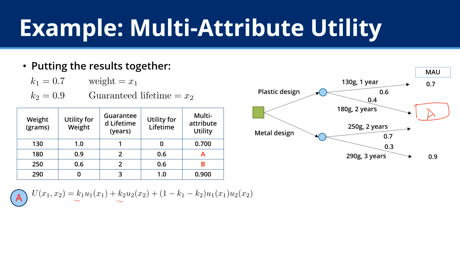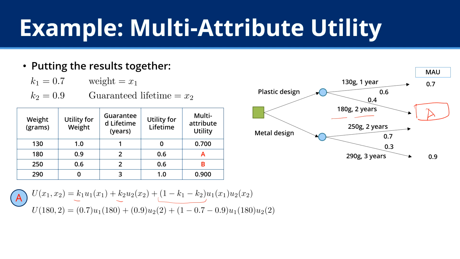The rule is that the weights have to equal 1. If you add up all the weights, it has to equal 1. So the weight on the third term is going to be 1 minus K1 minus K2. For this situation, X1 is the weight, 180 grams, and X2 is the guaranteed lifetime, 2 years. So we're really finding the utility of 180 comma 2.